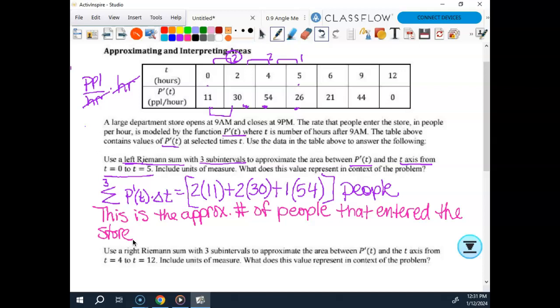It says that it's the number of hours after 9 a.m. I personally would not do the math with time, just because I'd be afraid I'd count my time wrong, and I don't have to. It is the approximate number of people that entered the store from t equals 0 hours to t equals 5 hours.